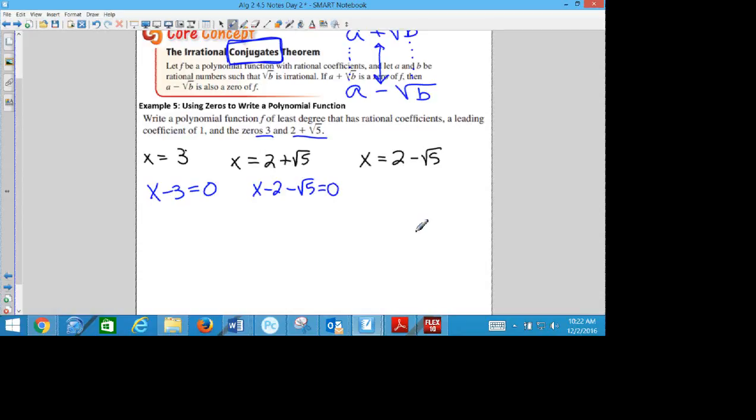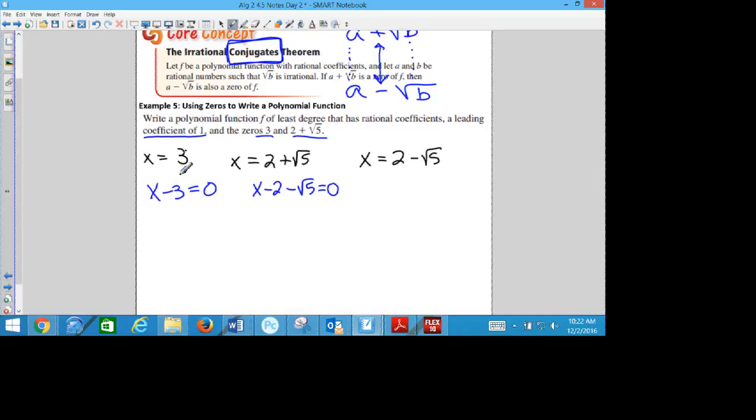How am I doing that, yeah? This says with coefficient of 1, that's saying it's going to start with 1x to the something power rather than having a stretch on it. Thank you for asking. After the word zeros, they only tell us 3 and then 2 plus square root 5.